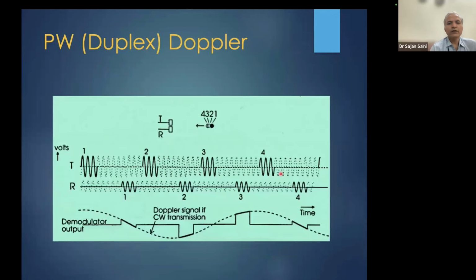So cutting the long story short, we want to know the Doppler shifts in this area, in the range bit. So this is again the diagrammatic representation. This pulse is thrown. This is a three-wave pulse which is thrown by the transducer, and this is pulse 1, pulse 2, pulse 3, pulse 4, which is hitting the area and coming back.